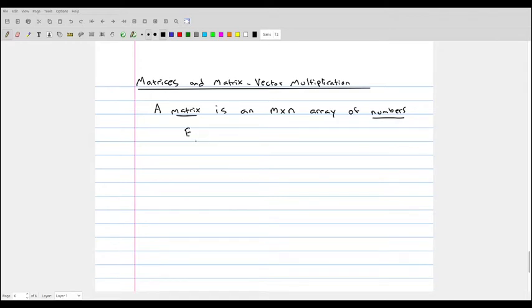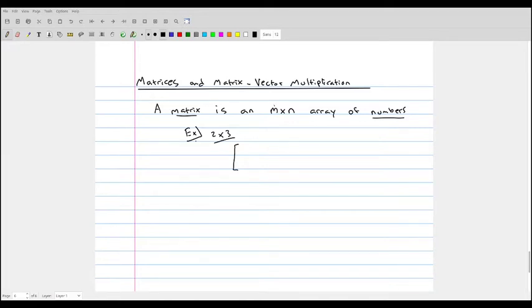So for example, you could have a 2 by 3 matrix, and what these integers stand for, m and n are integers, and the first integer stands for the number of rows. So there's 2 rows in the array, and there's 3 columns in this array.